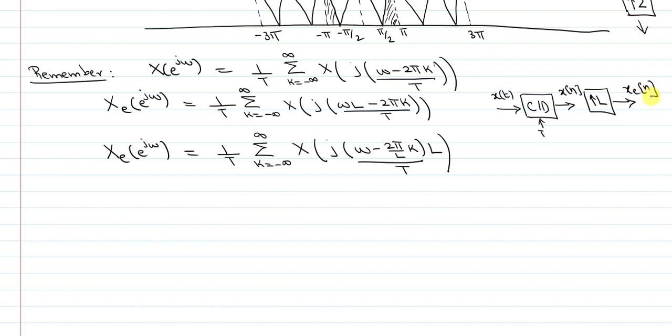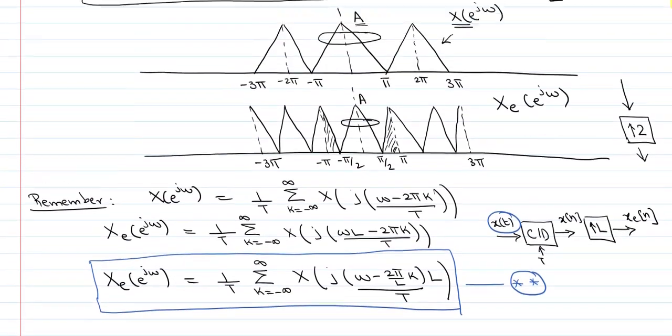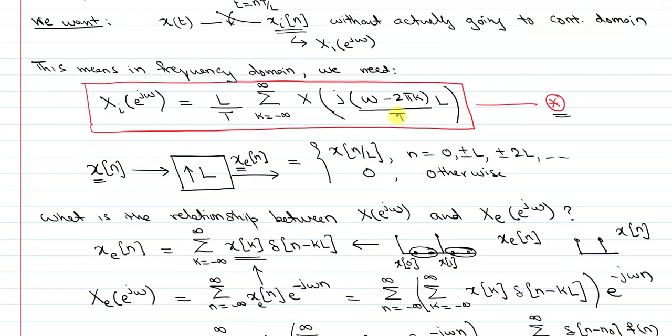Then we see that the relationship between x_e, the expanded sequence, and the Fourier transform of my original signal x(t) is given by this relationship. But what did we want? Remember, what did we talk about that we want? What we want is this expression.